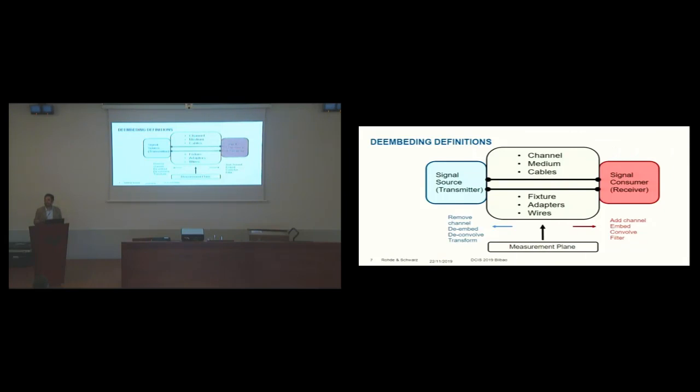You come from the university world, so you are maybe familiar with terms like convolve, filtering. We are adding a channel, we are modifying the signal. So we need to de-embed or deconvolve the effects of our path or of our channel.